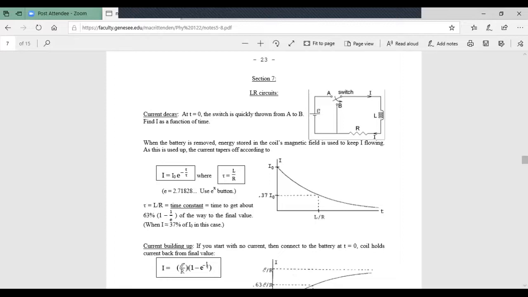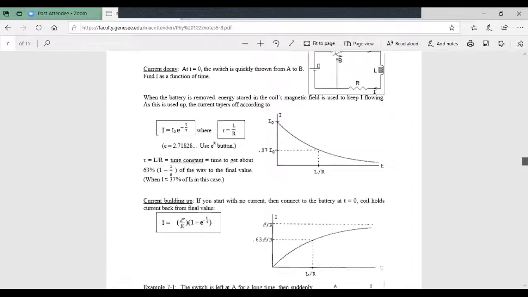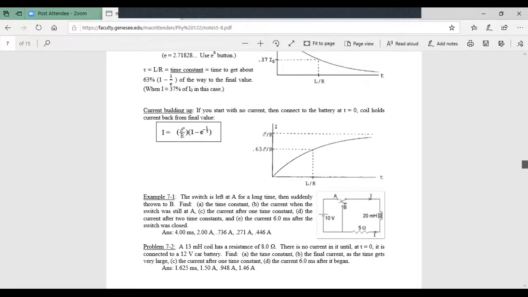What if, instead of turning the circuit off, you're turning it on? If you originally have a series circuit with a resistor and a coil, and it's not hooked up to anything, hasn't been for a long time, so there's no current flowing, and then you throw a switch and turn it on. Well, that's what's a little further down the page here.